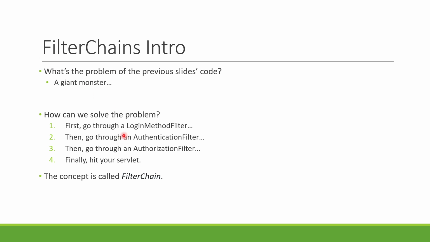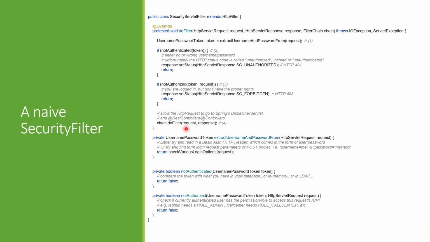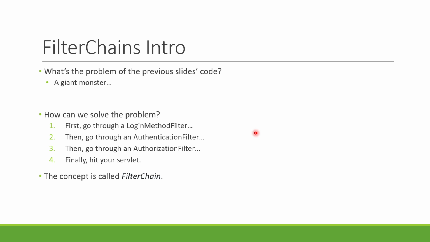How to solve the problem? We can split this one giant monster into different filters. We can go through the login method filter, and if it's using a form, we can extract the username and password from the request parameters. Then we can go to the authentication filter to check the username and password, and then to the authorization filter to check the permission.